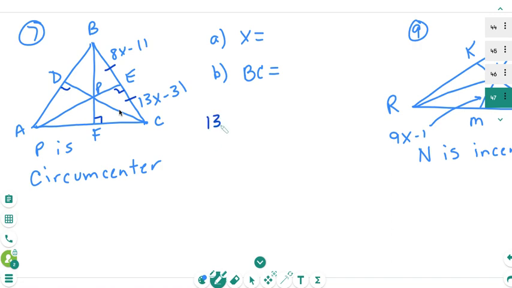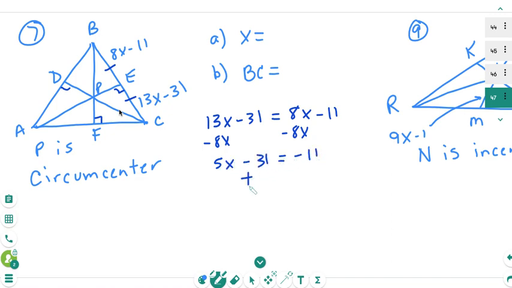So let's start with 13x minus 31 is equal to 8x minus 11. Zero pair out the 8x. That's going to give us 5x minus 31 is equal to negative 11. Zero pair the 31. We're going to have 5x is equal to 20. Divide by 5, divide by 5, x is going to be 4.